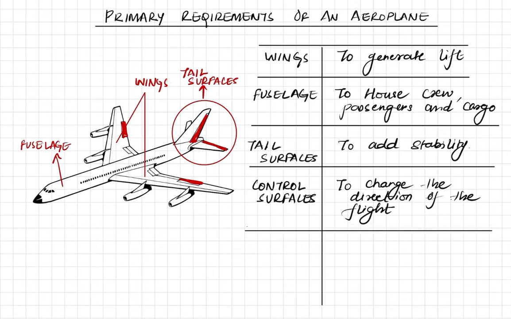And now the last requirement is a force called thrust, which propels or moves the aeroplane forward, and the corresponding components are called the engines. You can see here there are 4 engines in this aircraft, and basically engines are the power components of an aircraft's propulsion system.